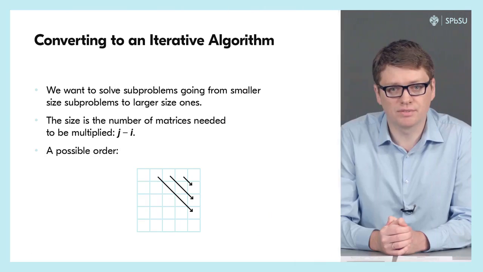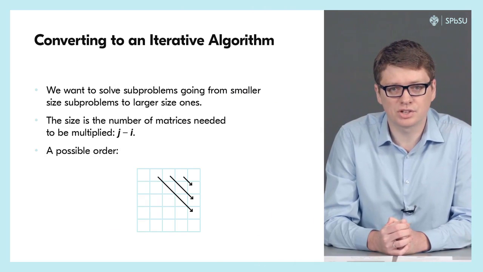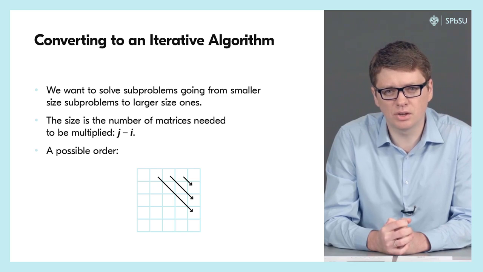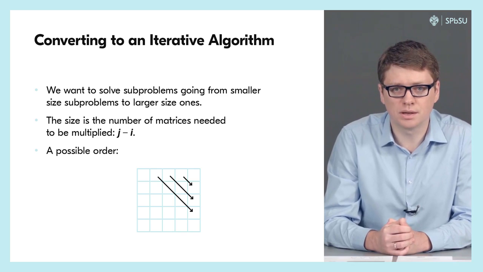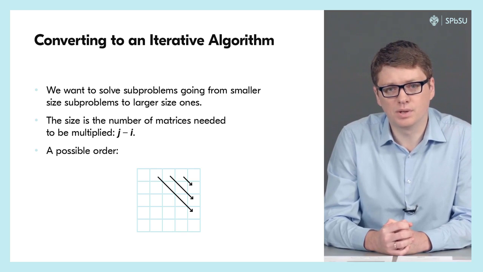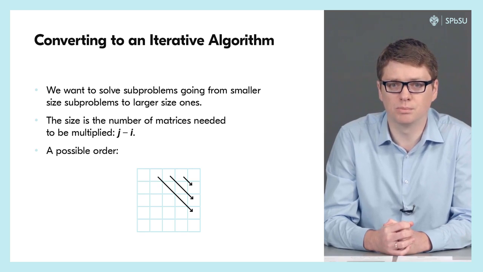Okay? So in order to convert this recursive algorithm into an iterative one, we need to make some little effort, because in this case it is not immediately clear what is the right order of all subproblems. Namely, what we need to do is to go from smaller size subproblems to larger size subproblems.